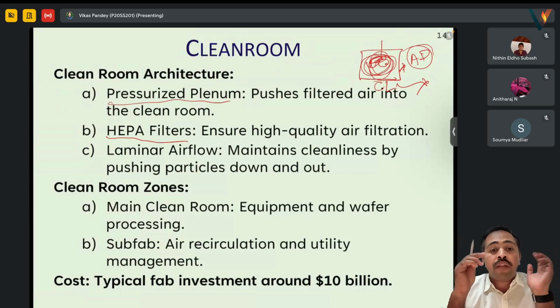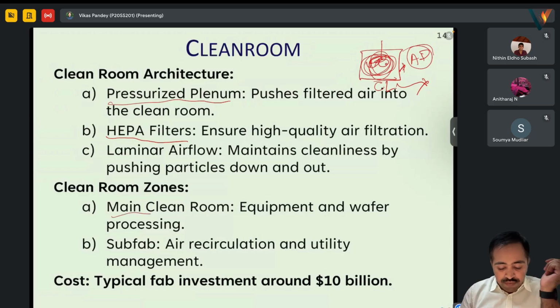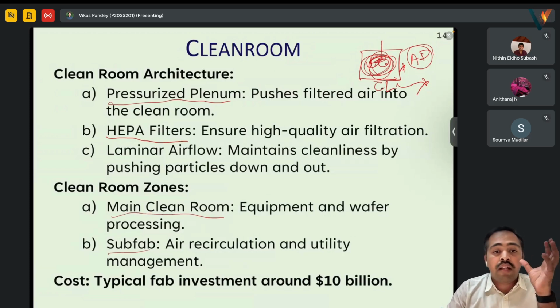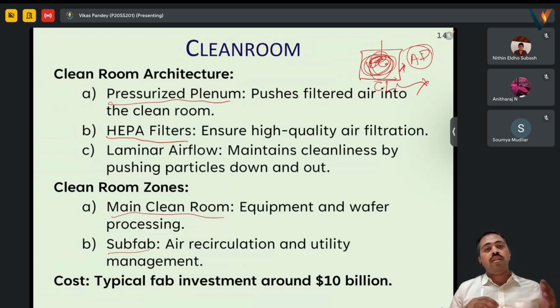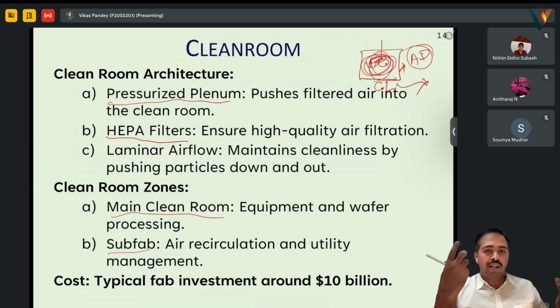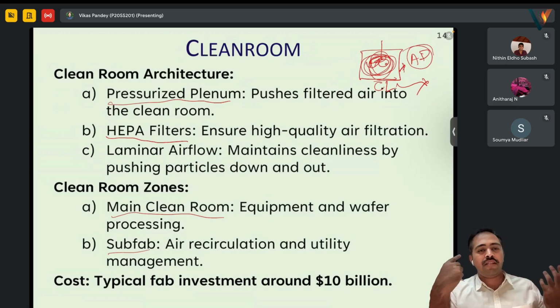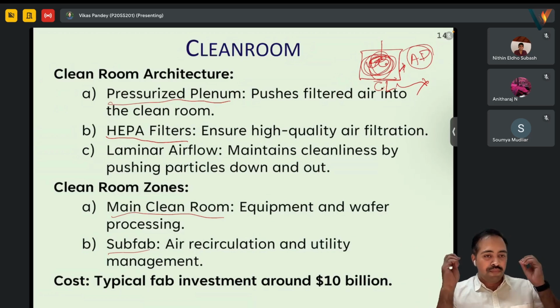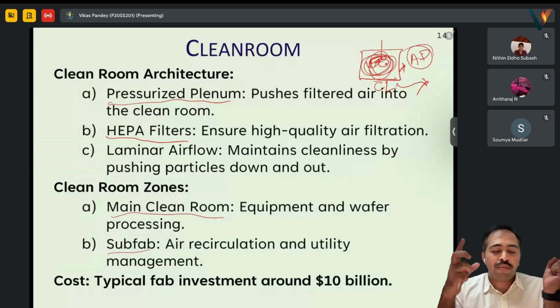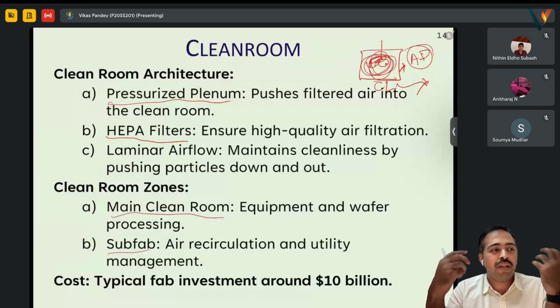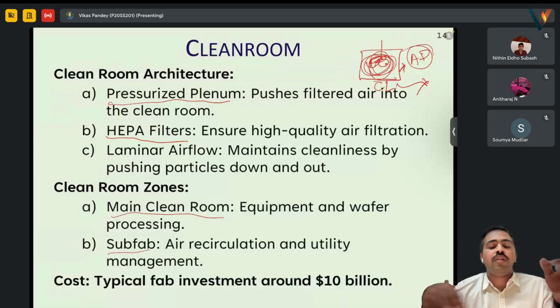Then the second thing is that there are different zones in the clean room. When you enter, you will actually carry some contaminants, so you will be aired properly, with a good pressure of air flown over you so that anything on you will be removed.